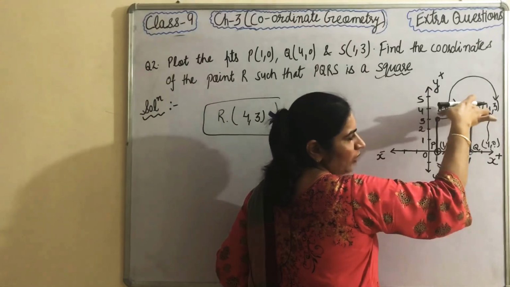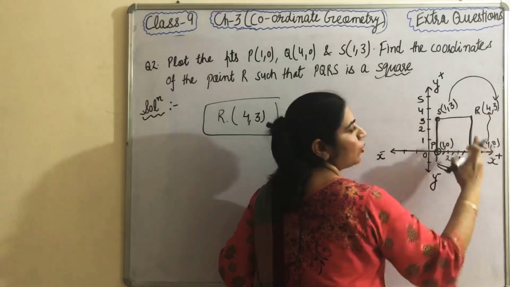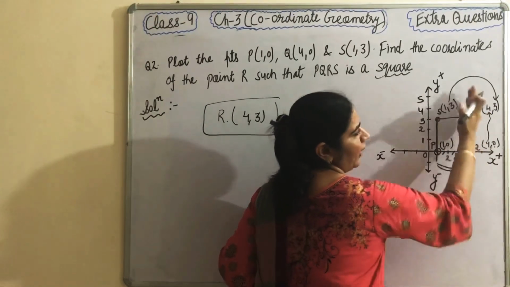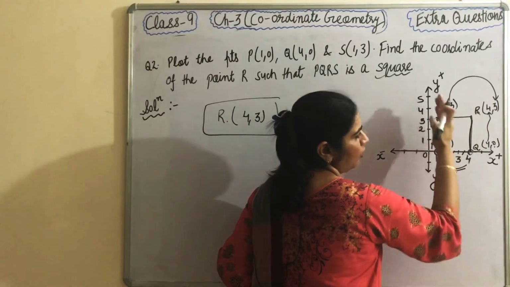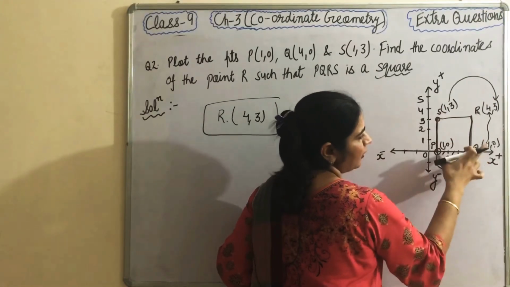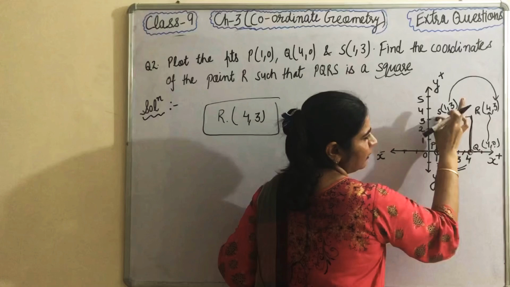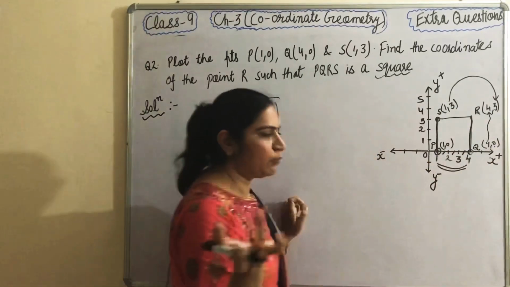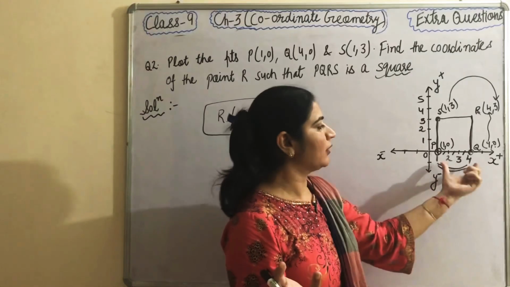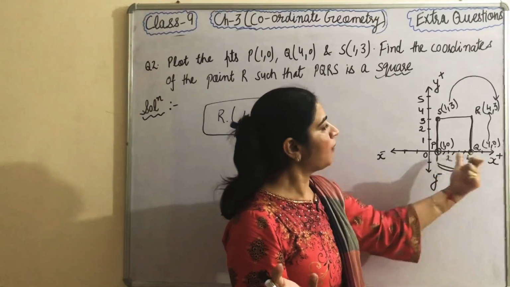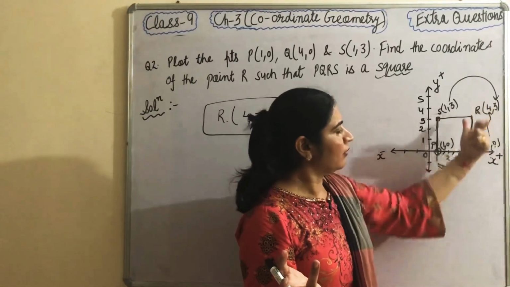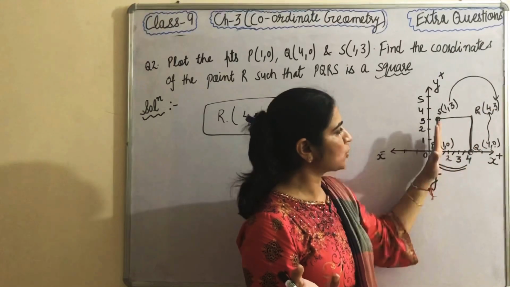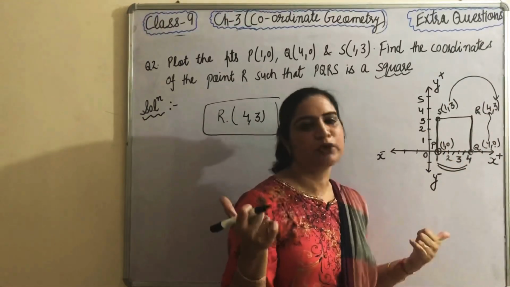Now either by taking the length, or by drawing the line parallel to PQ through S and another line parallel to PS through Q, it's up to you. Either by finding the length of the side of the square or by drawing lines parallel to these two lines, it's up to you. Okay.